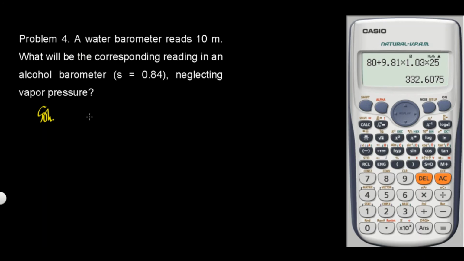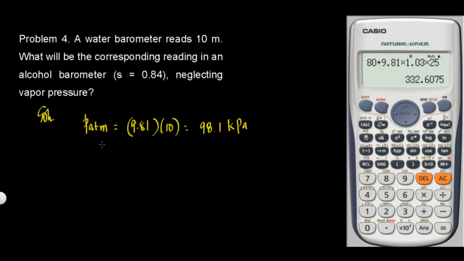We have PATM is equal to gamma H. Gamma is 9.81 times 10. Ilan yan? 98.1 kPa.